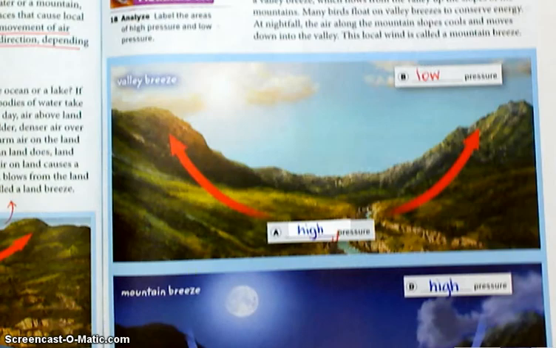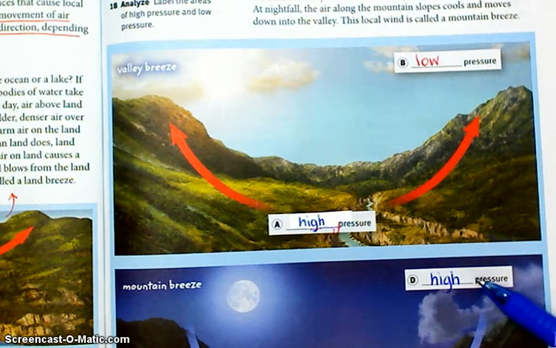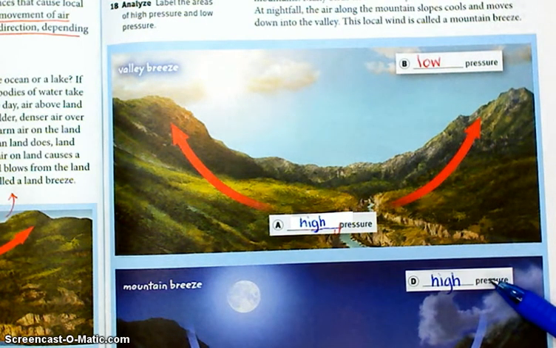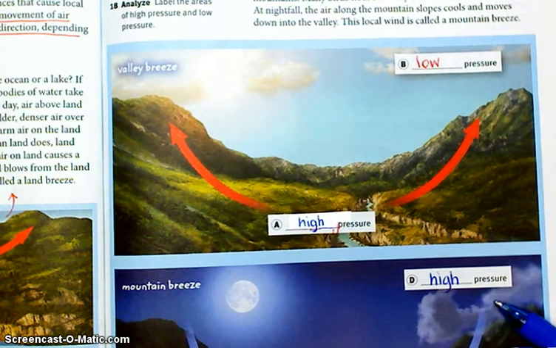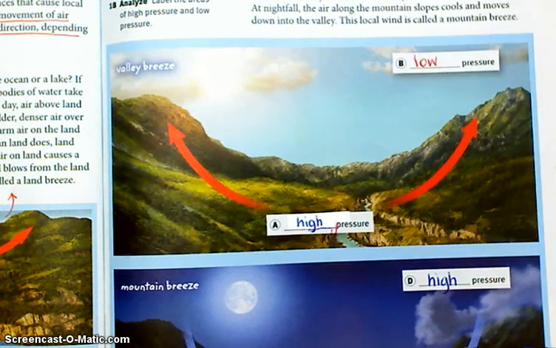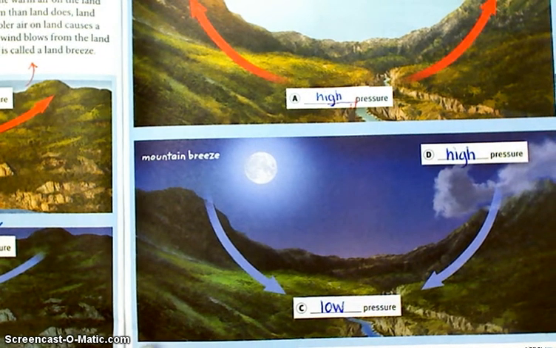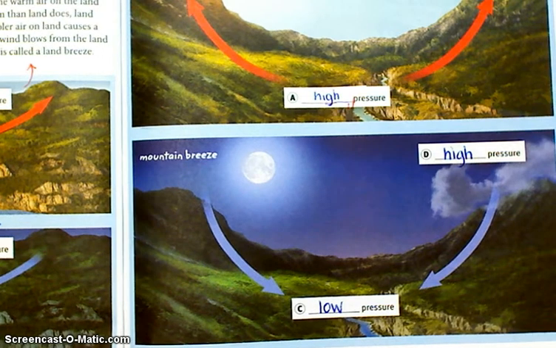At night, it's going to be just the opposite. It's going to be higher pressure at the top of the mountains, and it's going to flow down the valley towards an area of lower pressure. Okay? Okay, but those are two types of local breezes, breezes that could flow from any compass direction.